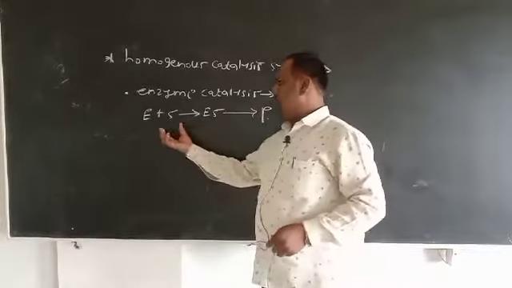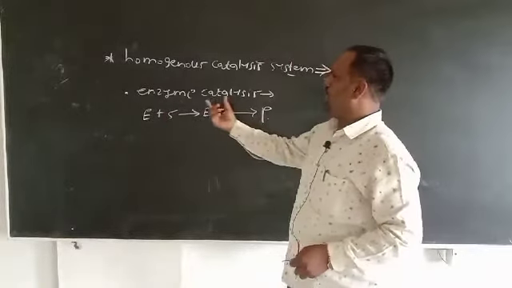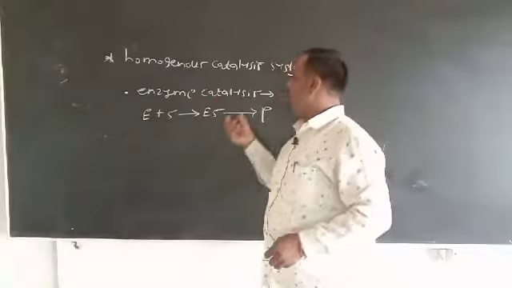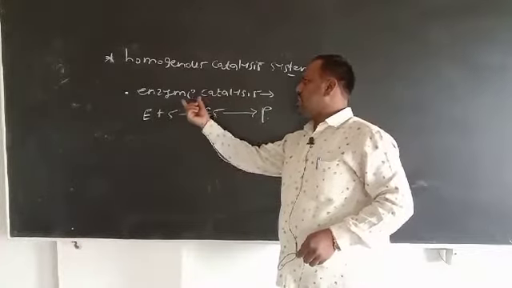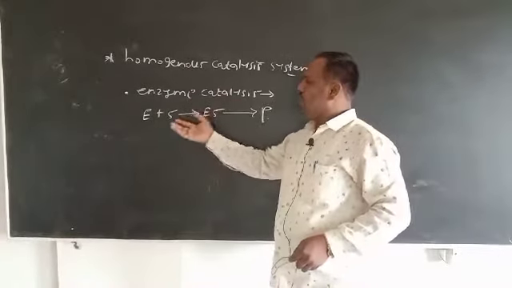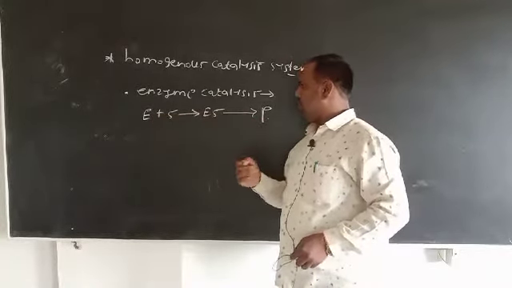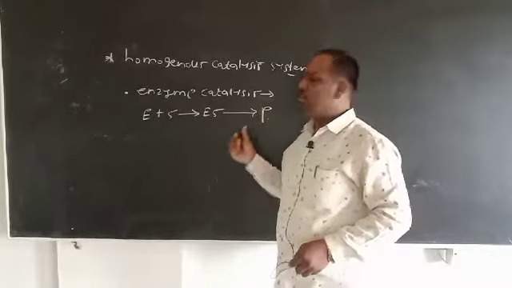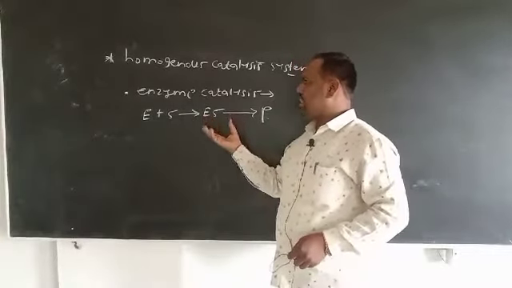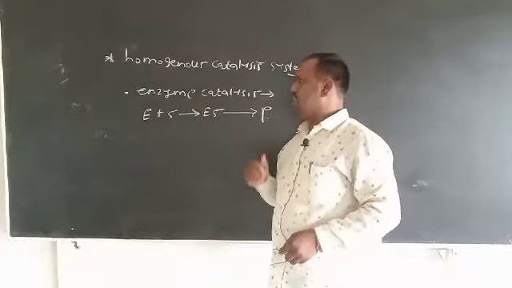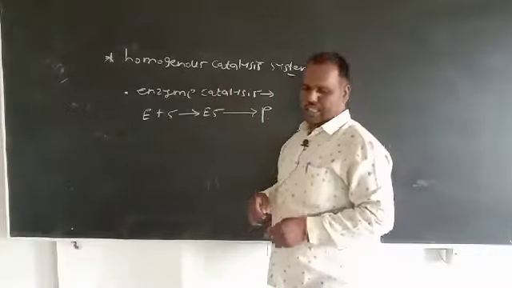So with the help of enzyme you convert the substrate into the product. This is the third homogeneous catalytic system. We already discussed the equation for enzyme catalysis, and the graphs for it, the Lineweaver-Burk plot or Eadie plots.